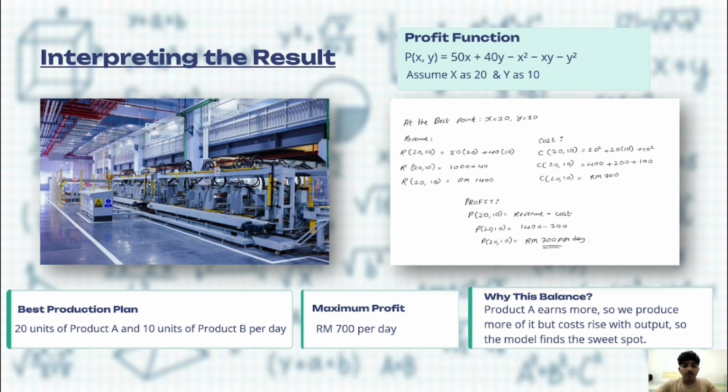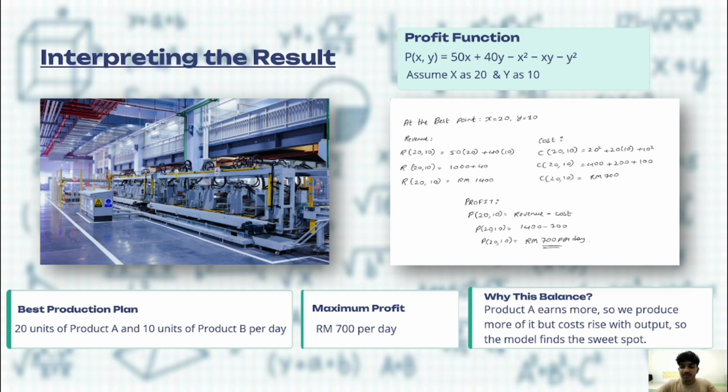So, the best production plan is to produce 20 units of product A and 10 units of product B per day. Now, to understand the maximum profit, we substitute x equal to 20 and y equal to 10 into the profit function. The profit function is, as you can see on the screen, P(x, y) equal to 50x plus 40y minus x squared minus xy minus y squared. Now, we can divide the equation into two parts: one is 50x plus 40y and another is x squared plus xy plus y squared.